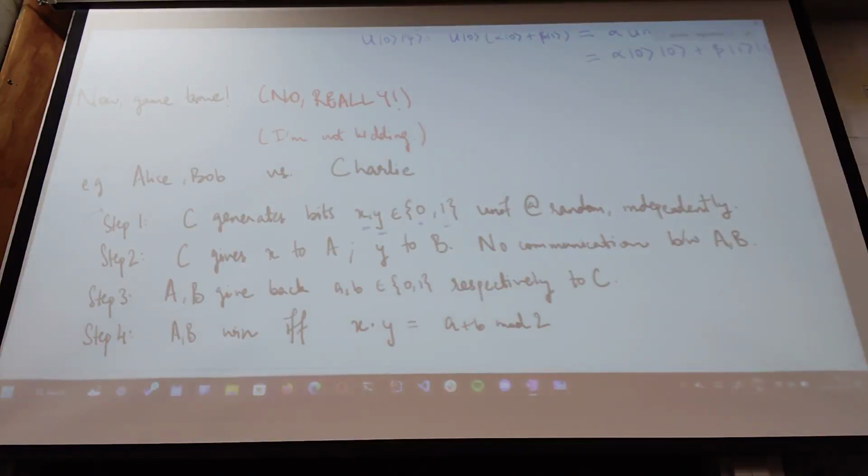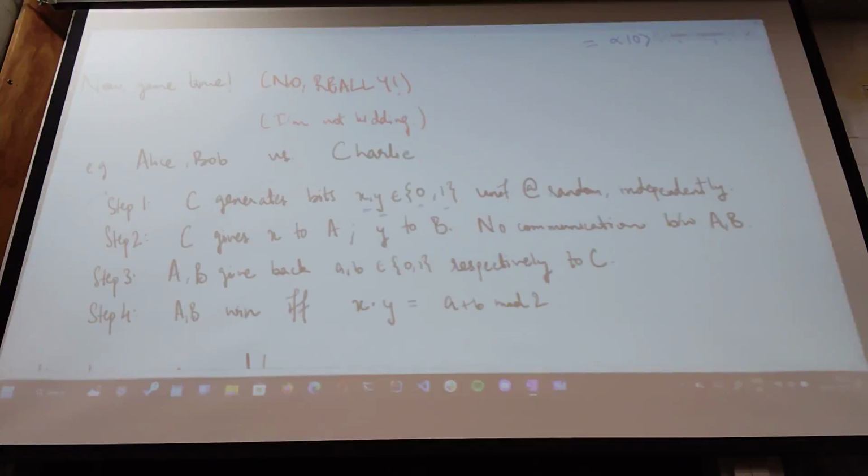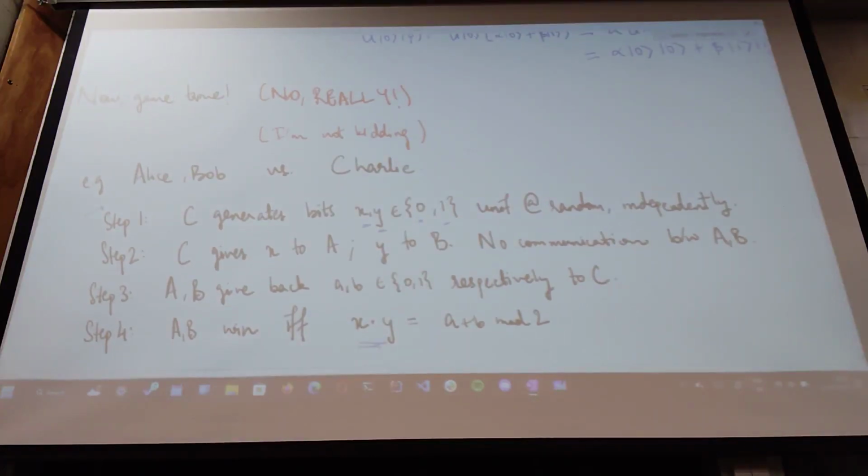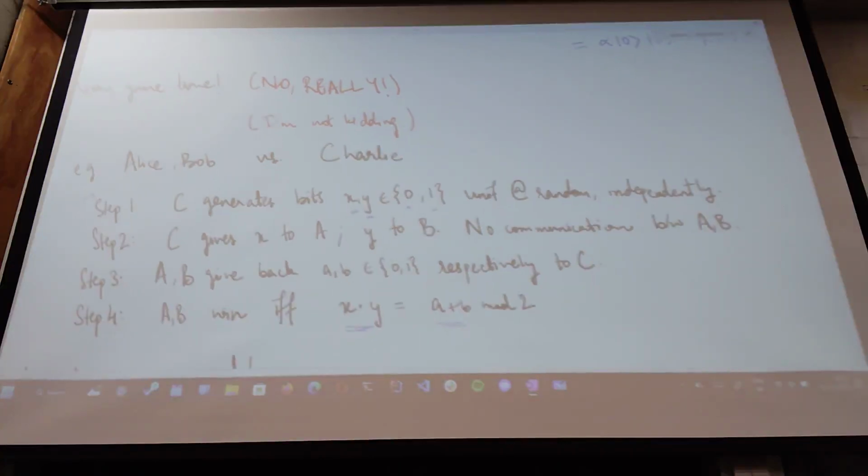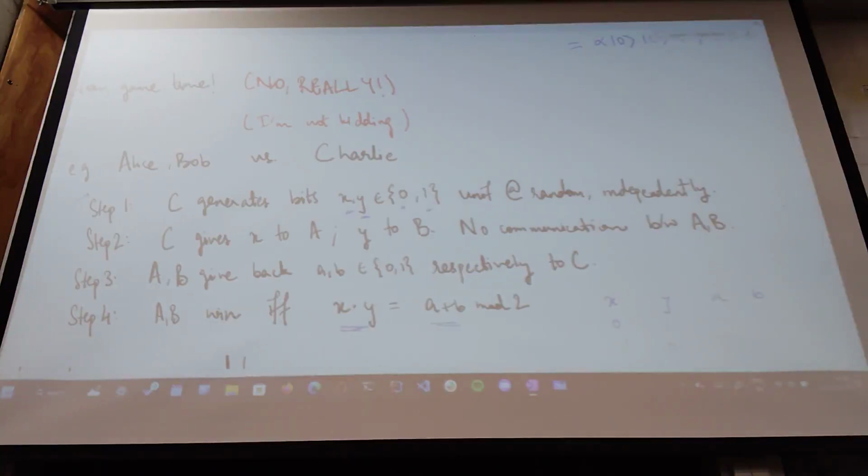And Alice and Bob win when the product x times y is equal to A plus B mod 2. So that is to say, if x and y are different, then A and B must be the same. Otherwise, if x and y are both 1, then A and B must be different.